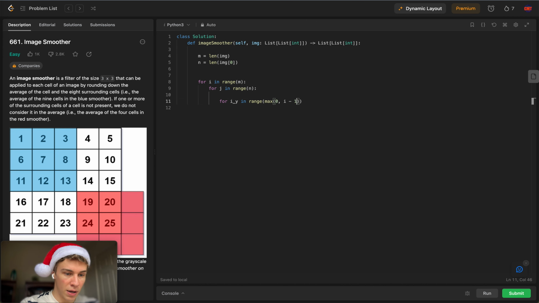I'll explain exactly what I'm doing here in just a second. Then for x in range, max of 0 and j minus 1, min of n and j plus 2. Let's have a cell equal to this.